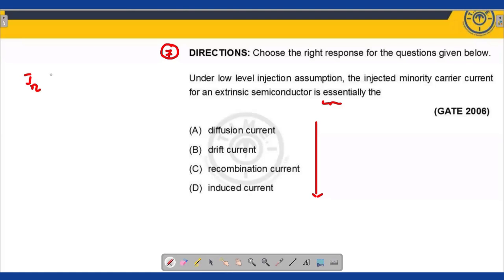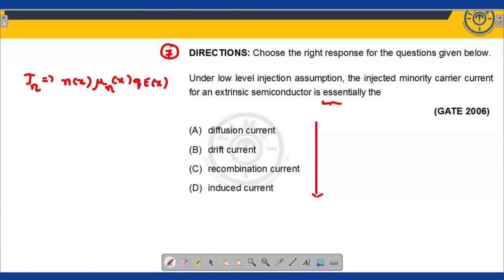So Jn is a current density. The term itself is equal to n(x) mu n(x) q into E(x). This is the formula.